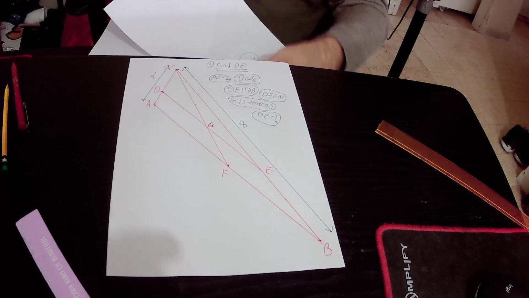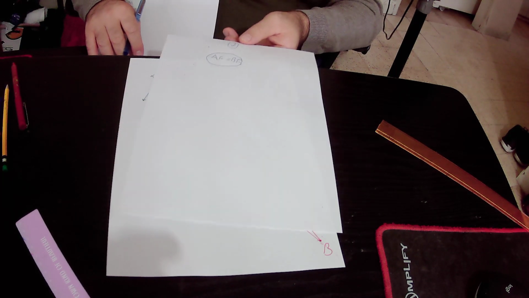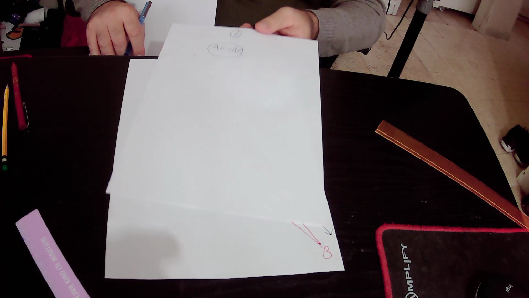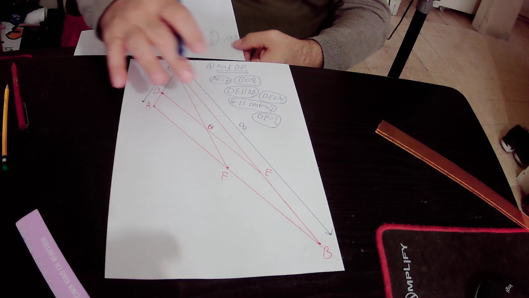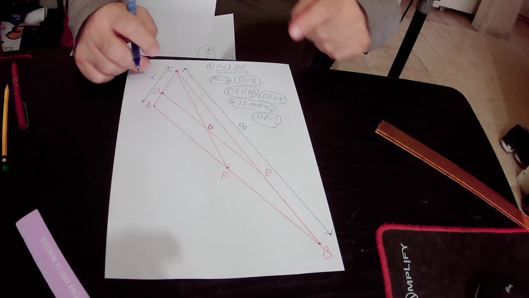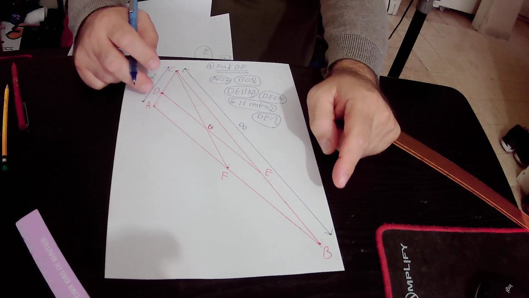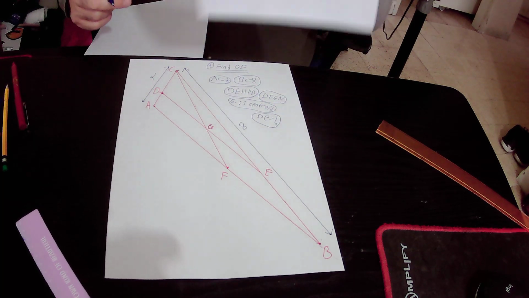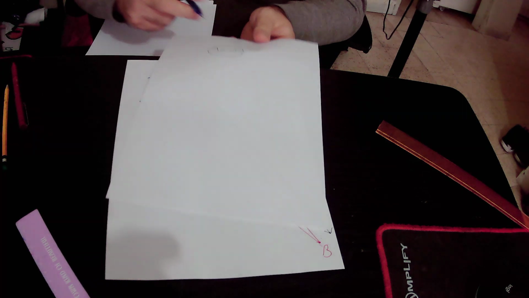So the median CF of triangle ABC bisects the side that it exits. That is to say, the median CF divides side AB into two equal parts. That is to say, AF equals BF.